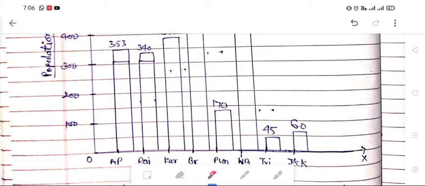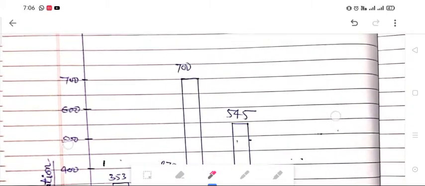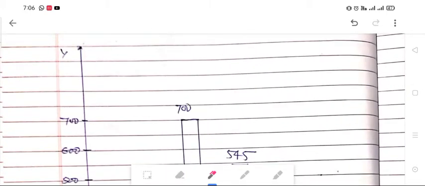The horizontal line from O to X represents the x-axis, and the vertical line from O to Y represents the y-axis. The point where these two lines join is known as the origin. Okay students, so in this way we shall draw the axes.